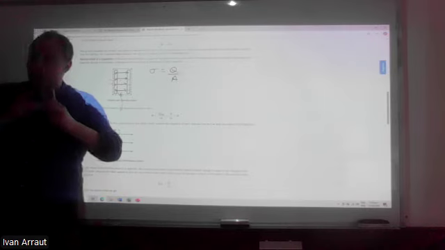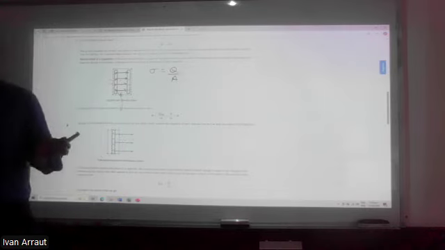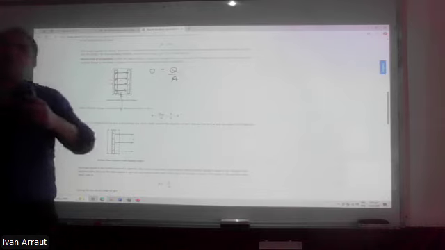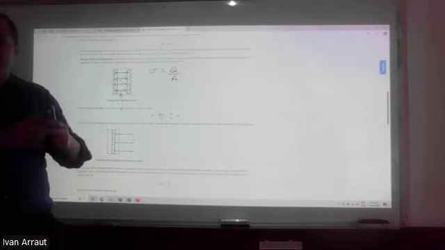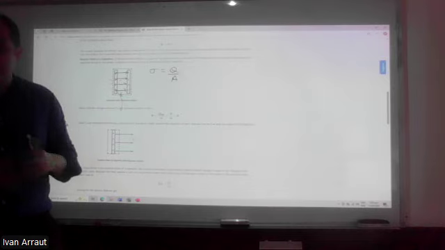It could be circular, it could be a square cylinder. When we use the word cylinder, it's not exclusive to the circular cylinder. It could be a square, it could be a triangle, it could be anything.